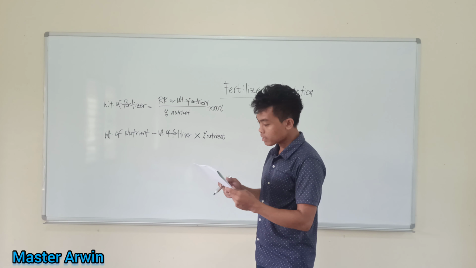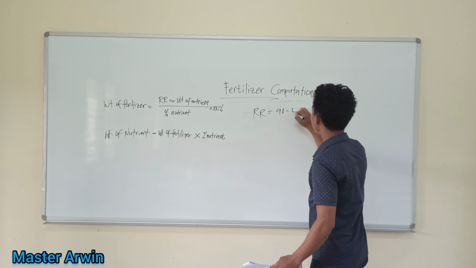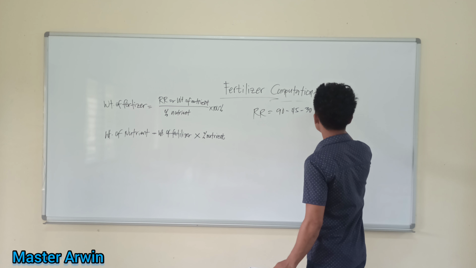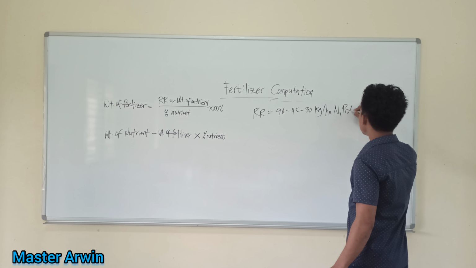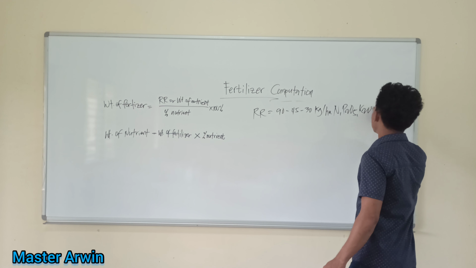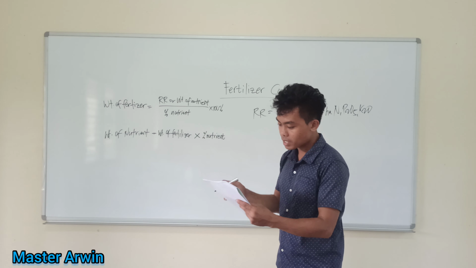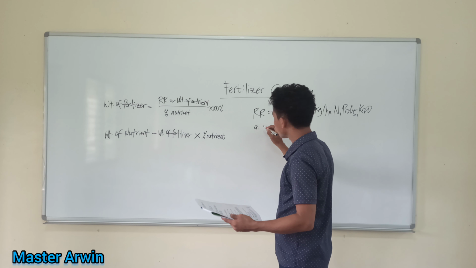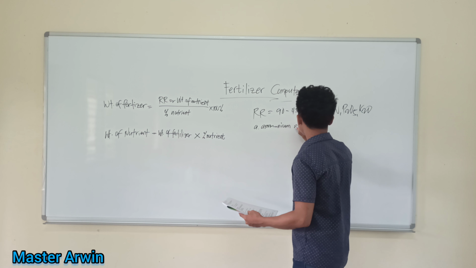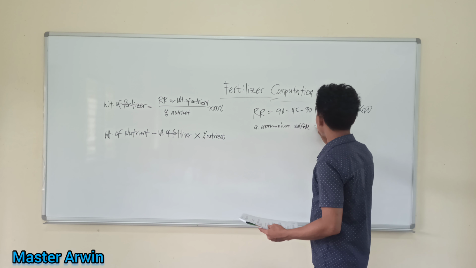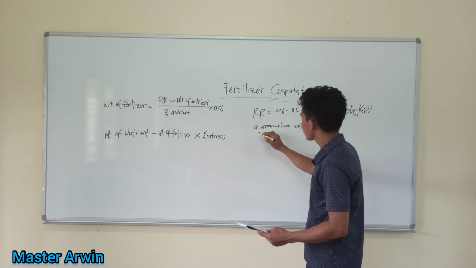So the recommended rate is 90, 45, and 30 kg per hectare of N-P2O5-K2O. Okay? And then the following materials that will be used are ammonium sulfate, which has 20% nitrogen.